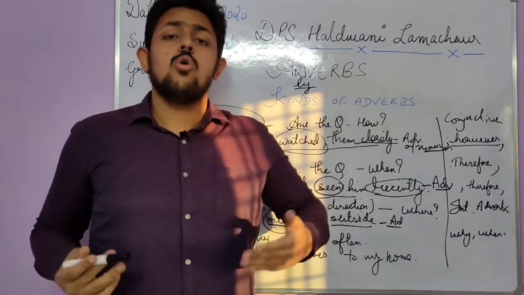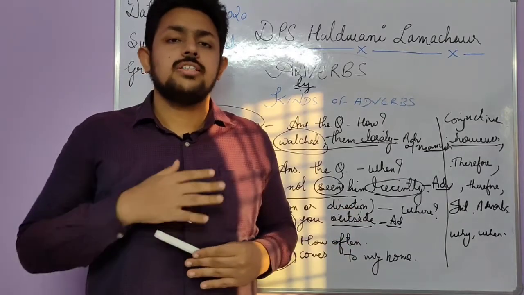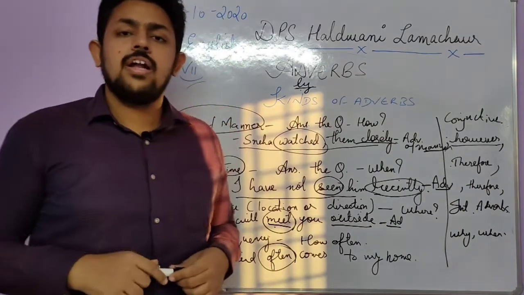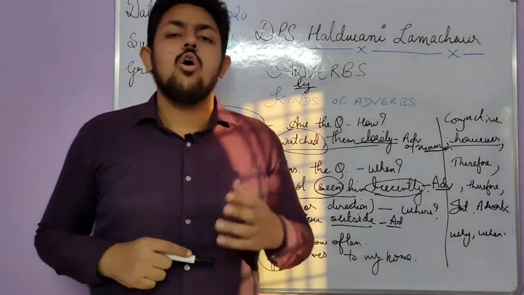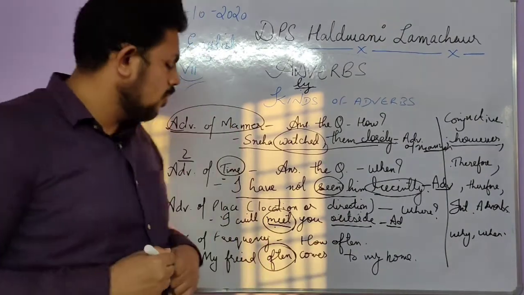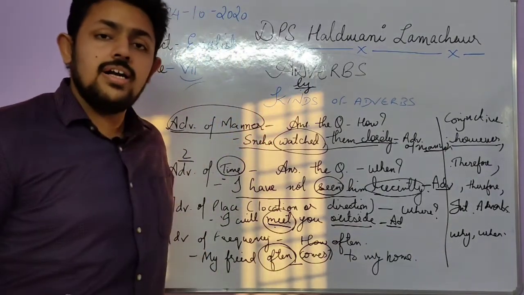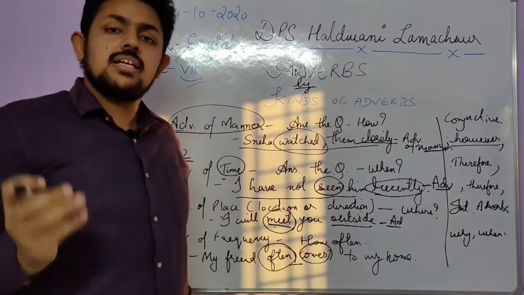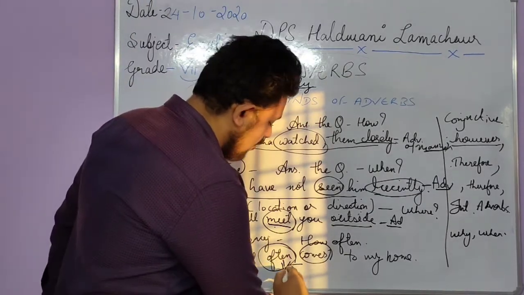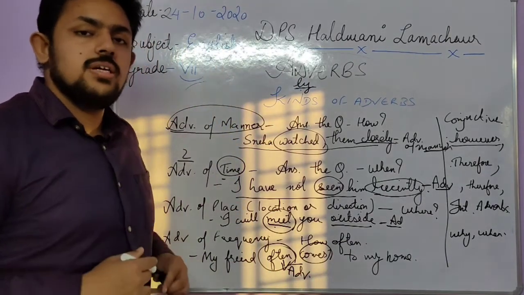He comes home often, not on Sundays or Mondays, not a decided day, but he comes often to my home. Very good friend I am having, he visits me very often. So the verb comes is modified, has got some meaning added to it by the adverb often. So this is the adverb of frequency.